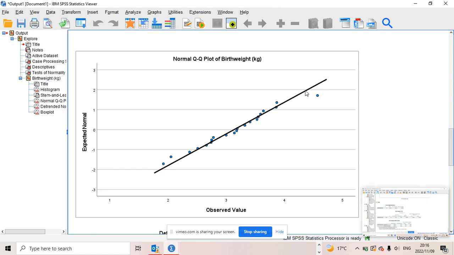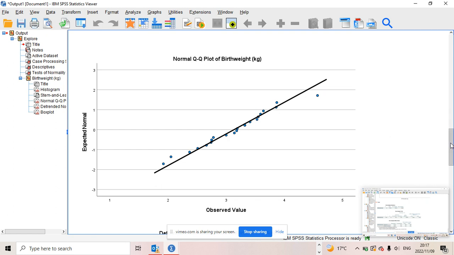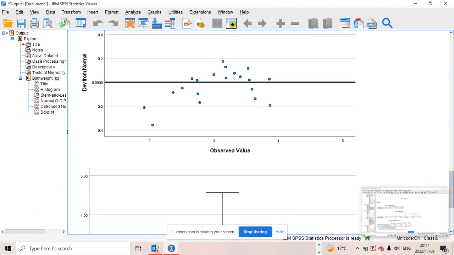If the distribution was not normal, or if there were outliers, then you would see them scattering around without being able to form a well-defined straight line. So, that is how to interpret that.